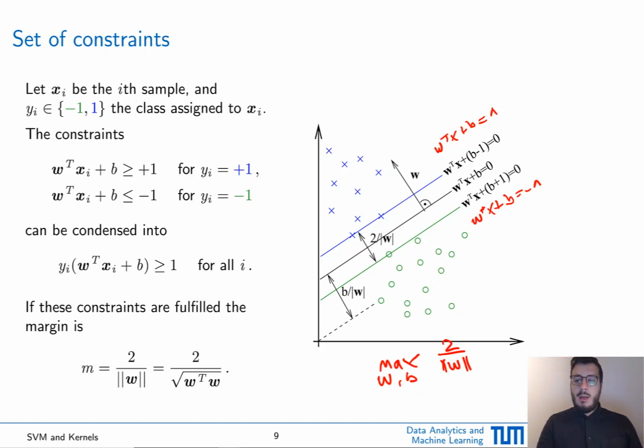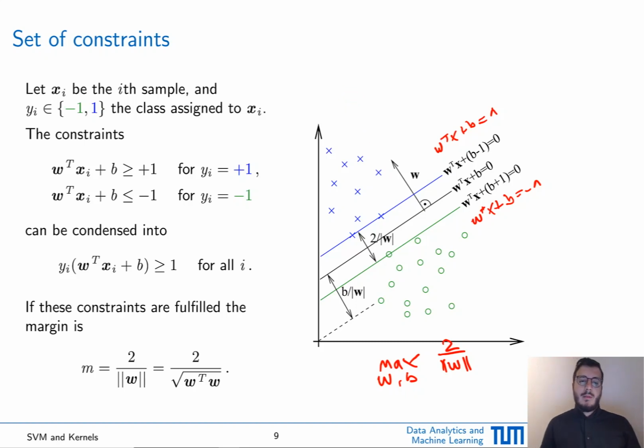Now, if we want to require that all of these are below, then basically it means that the expression has to be less than minus 1 for all examples which belong to class minus 1. And then for all examples which belong to class plus 1, it has to be larger than 1, because then we're above this hyperplane.